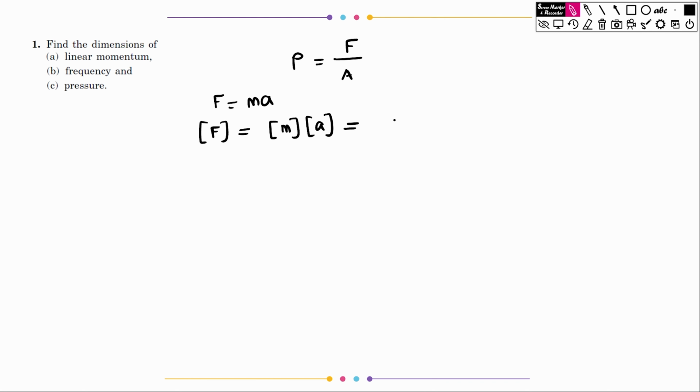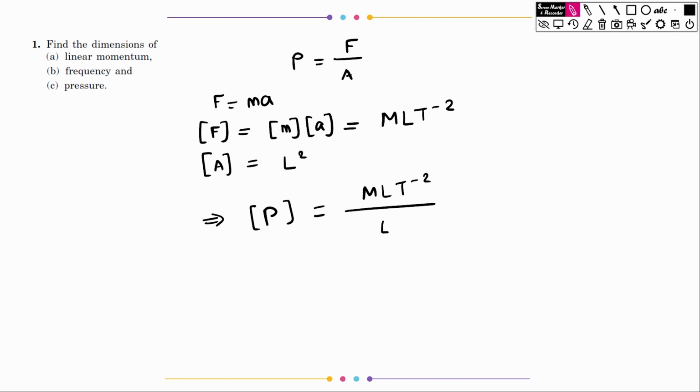And we know m is represented by the symbol capital M, whereas a is LT^-2. And down we have area, so the dimension of area is L^2. Therefore, altogether we can write the dimension of pressure is equal to MLT^-2 divided by L^2. Therefore, it is ML^-1 T^-2.